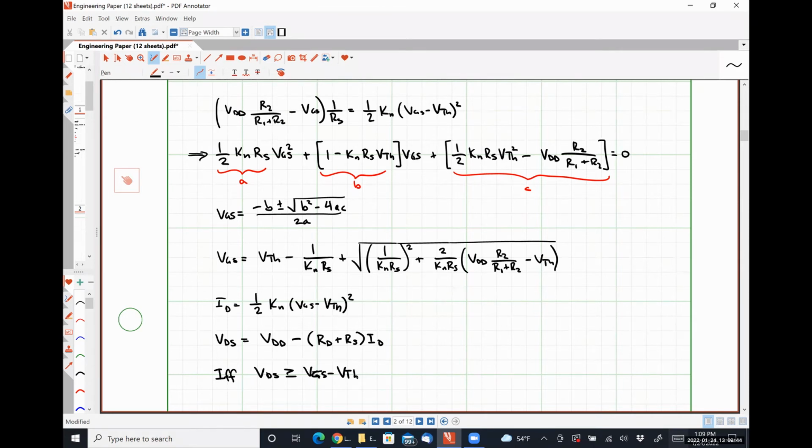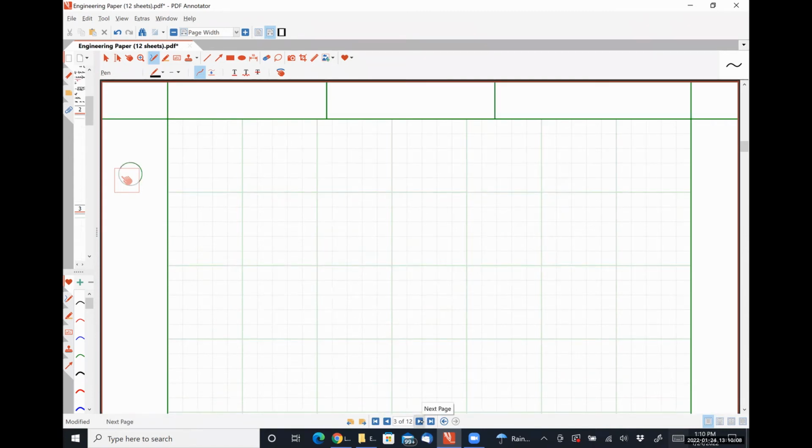So triode region operation determining the DC operating point requires the use of computer algebra tools. Okay. All right. So if and only if VDS is greater than VGS minus VTH, are we finished? All right, so let's look at this guy, assuming triode region operation.